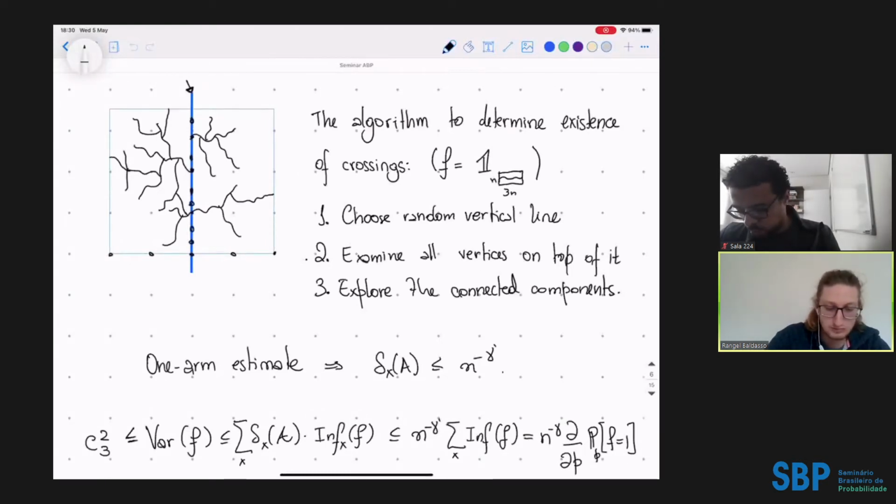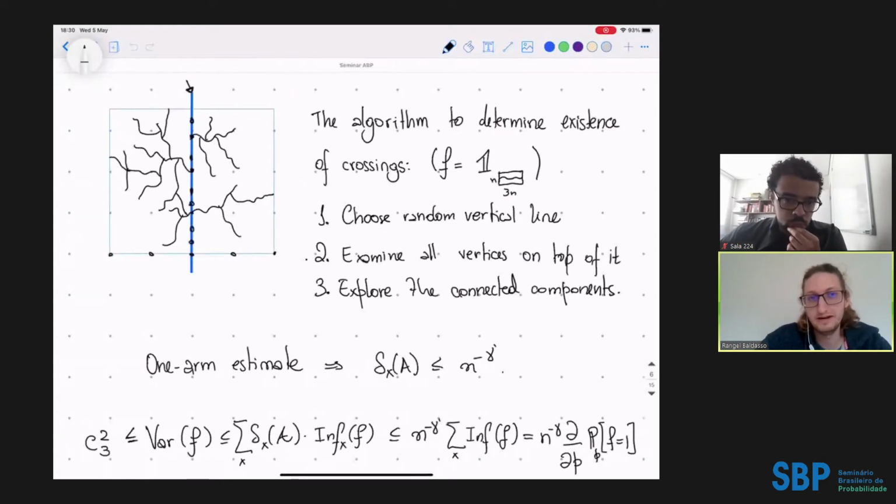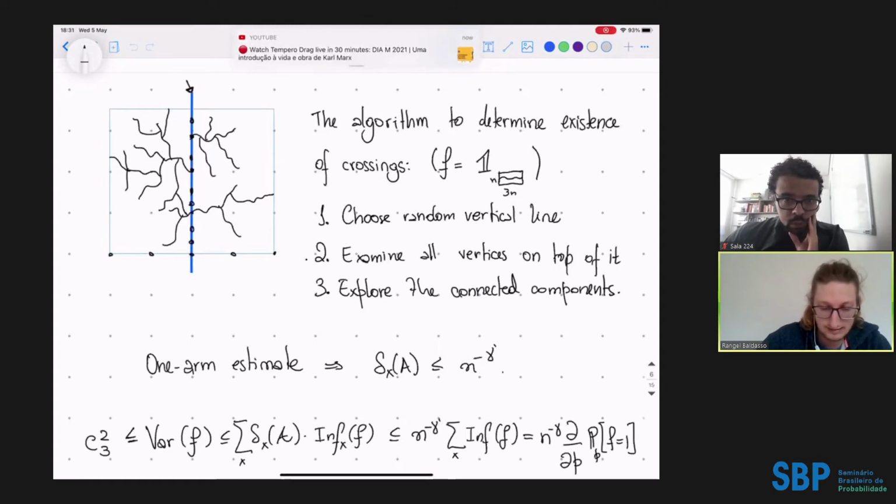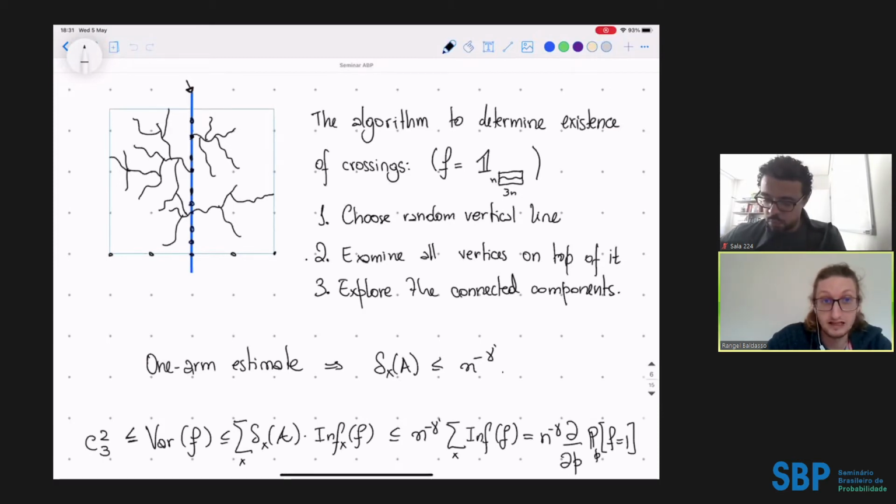And from there, we explore the connected components of these sites. Whenever a site is open, you explore all their neighbors, and you continue this process by exploring neighbors of open sites that you already explored until you find all the connected components that touch this random vertical line inside the box.